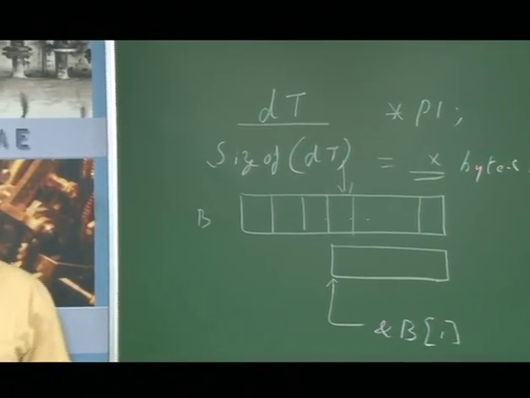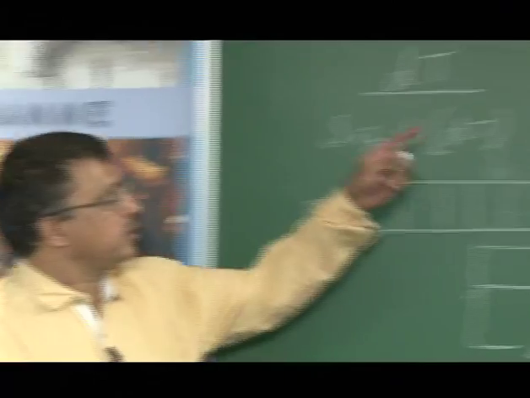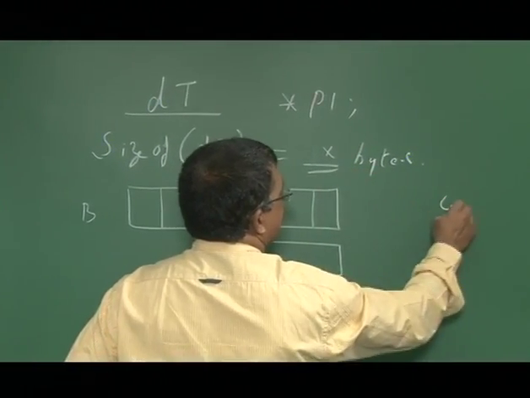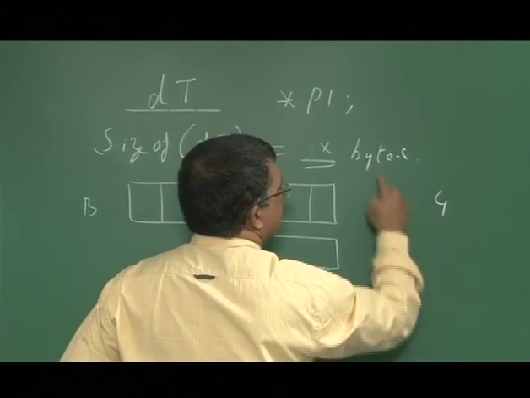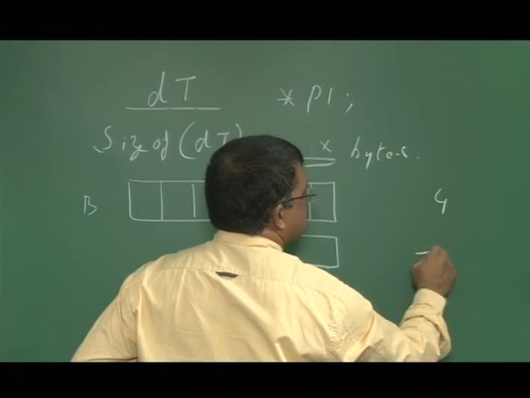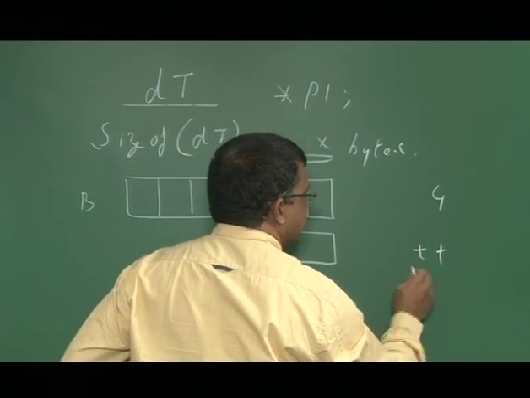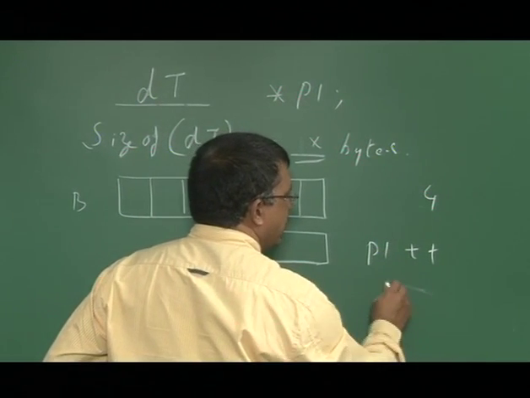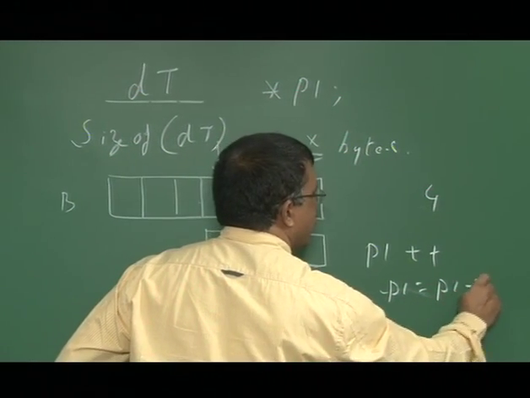Now, you have the increment operator plus plus. If x, the data type size, is 4, and I say P1++, it is basically P1 equal to P1 plus 4.